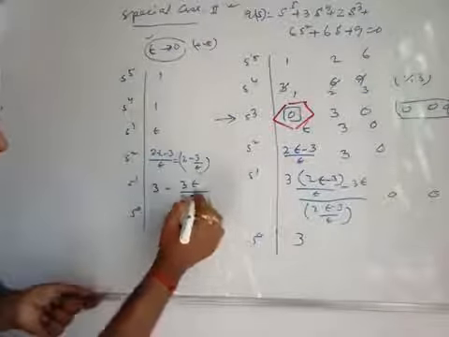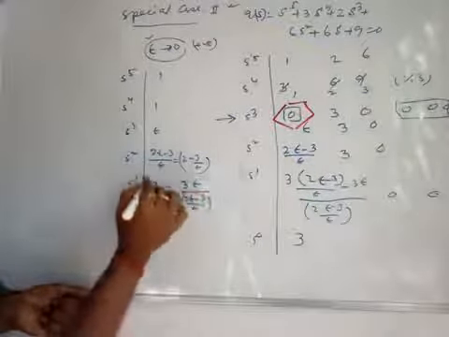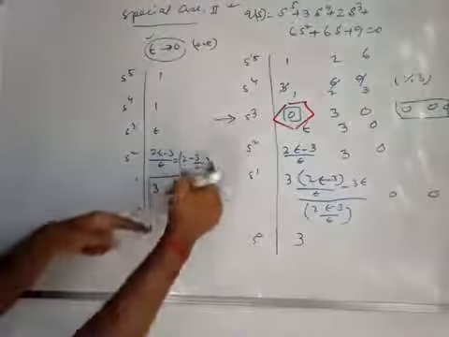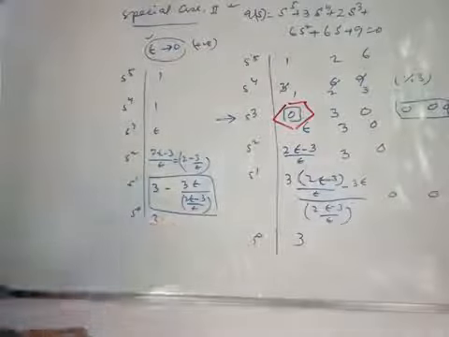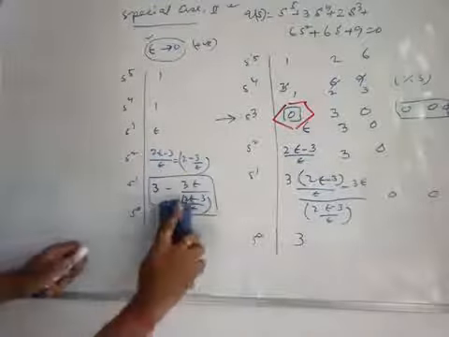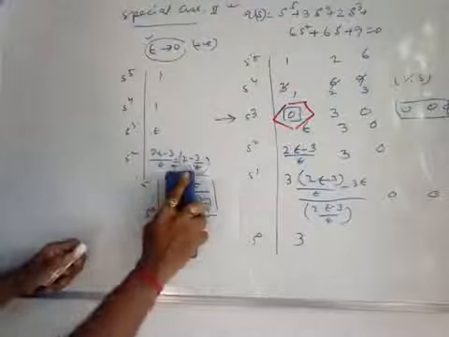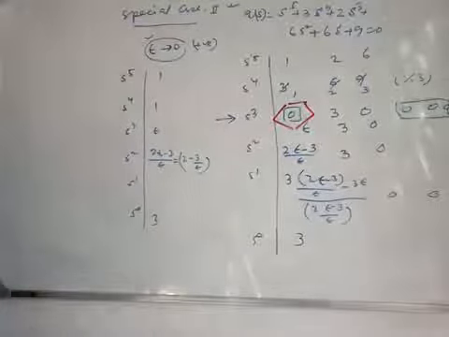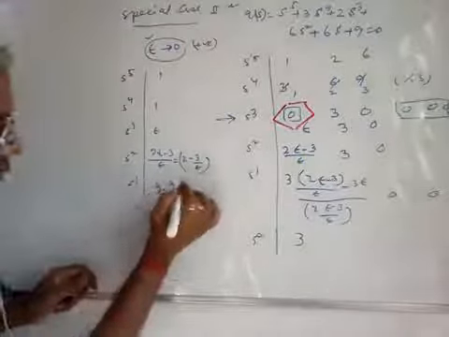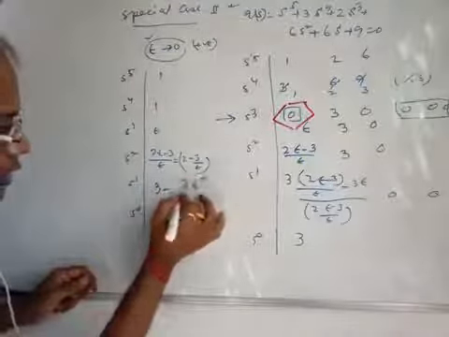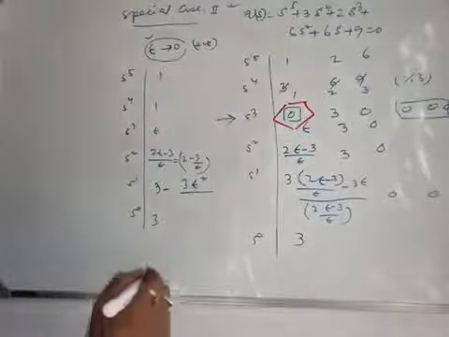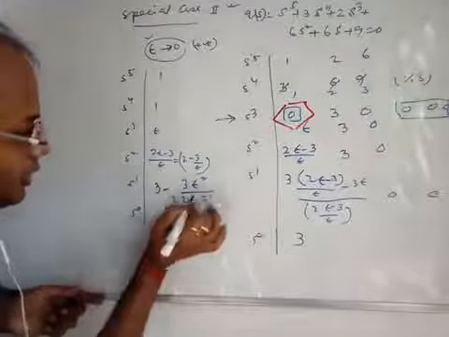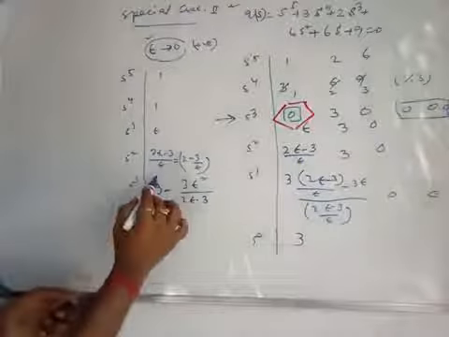We can write this as 3 epsilon squared by 2 epsilon minus 3. So we will just modify this part for better representation. We can write it like 3 minus 3 epsilon squared by 2 epsilon minus 3. So this is your term.